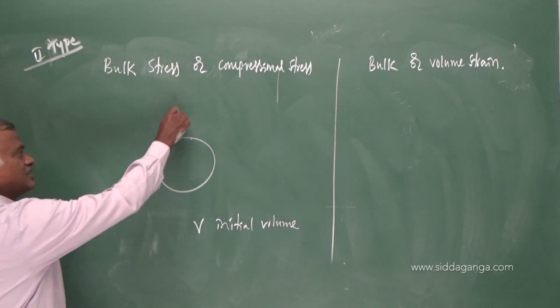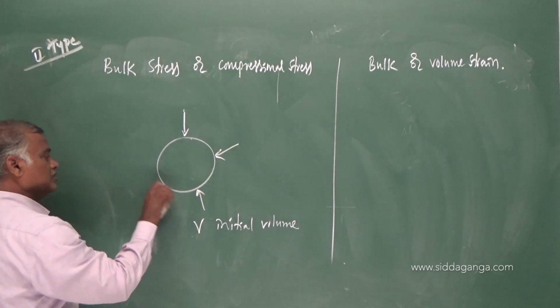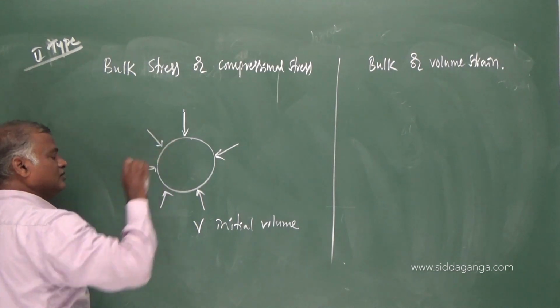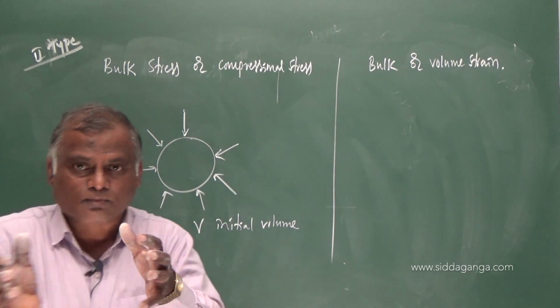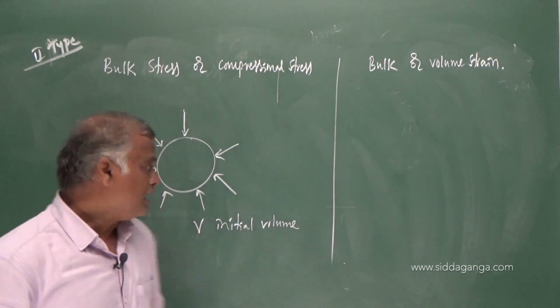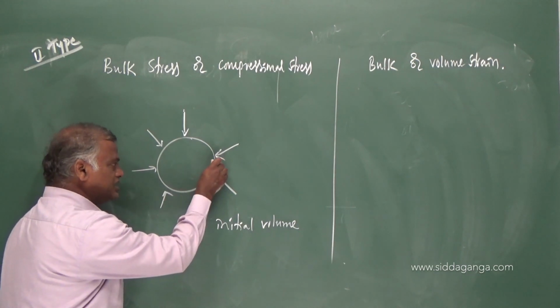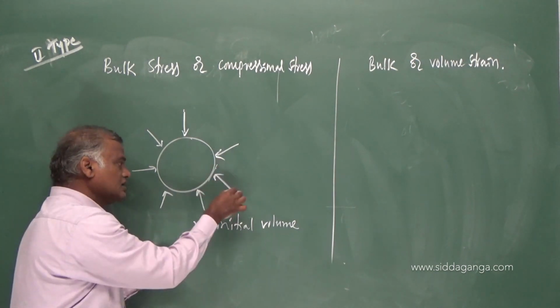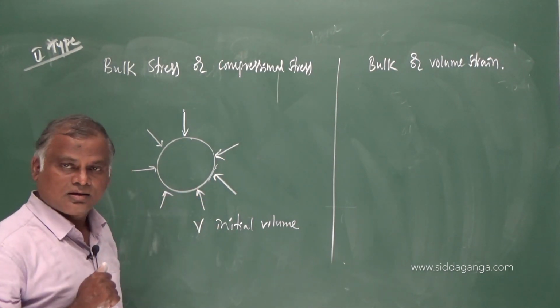So I am applying this force here. Means what I am doing, I am compressing the ball. Of course, all these forces are applying perpendicular to the surface. If I draw a tangent here, it will definitely be a normal force only.